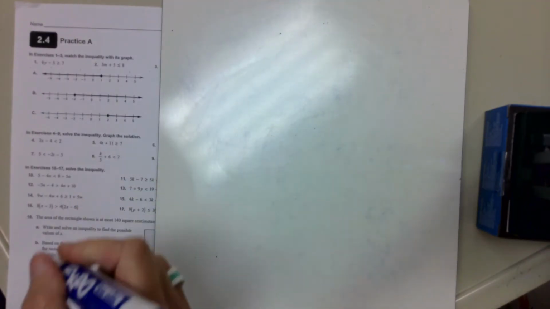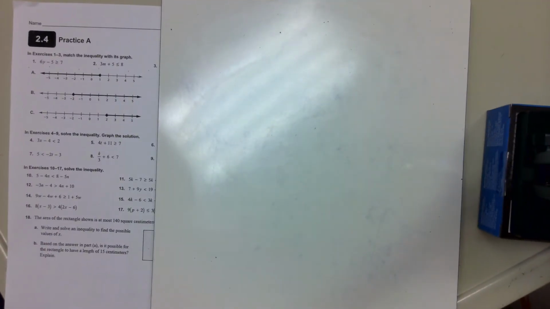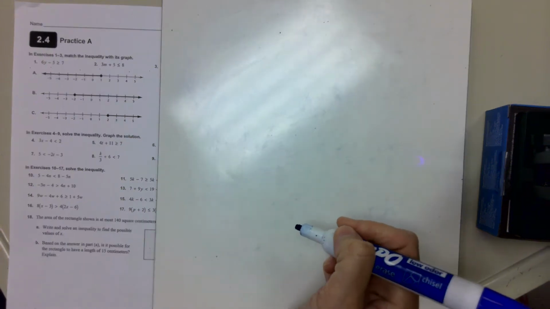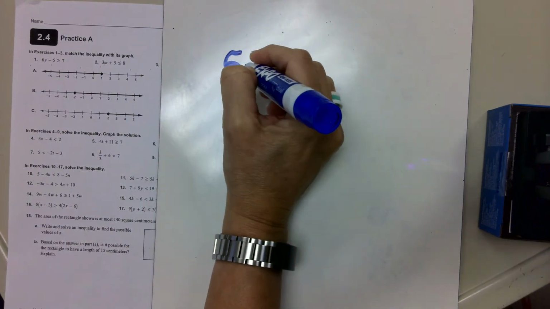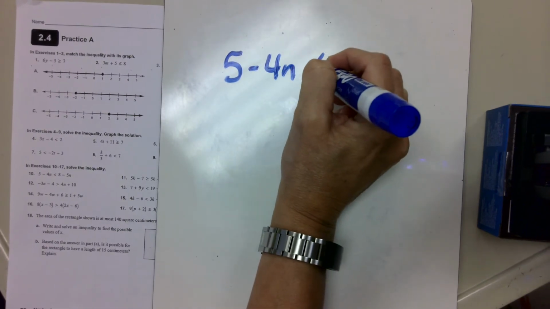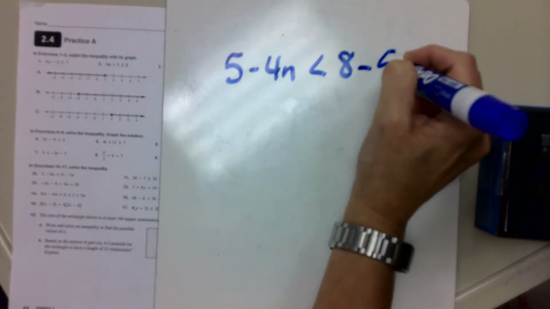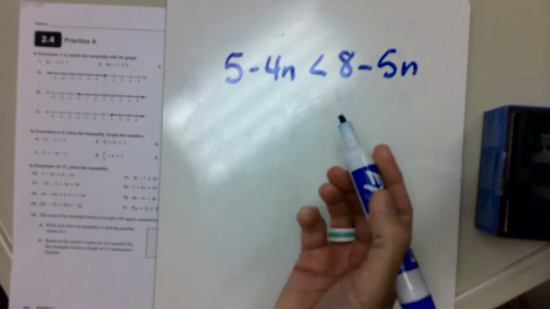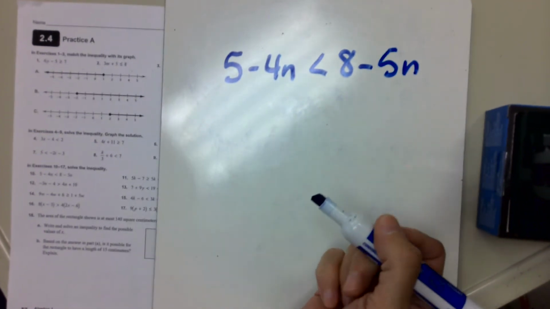Now I'm going to pick one in the next section. The next section has multi-step. It might have multiplication, it might have division, it's got all that. So let's try number 10. We have 5 minus 4n is less than 8 minus 5n. There's no distributive property. There are no like terms on the same side.